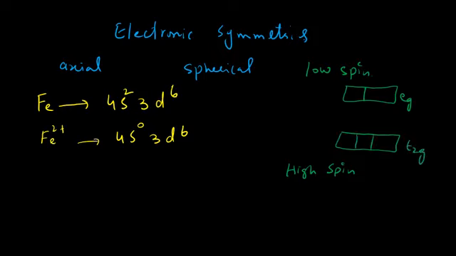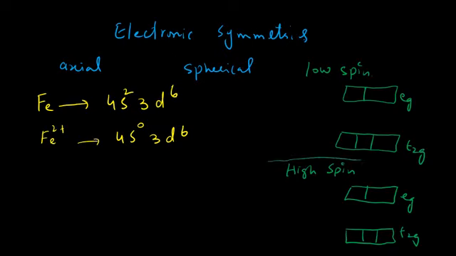And the same in the case of high spin, there are the two states Eg and T2G. The Eg states are the doublet state, and the T2G state is the triplet. So here we have 4s0 and 3d6.